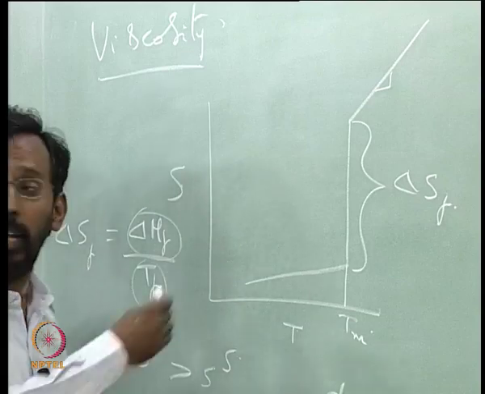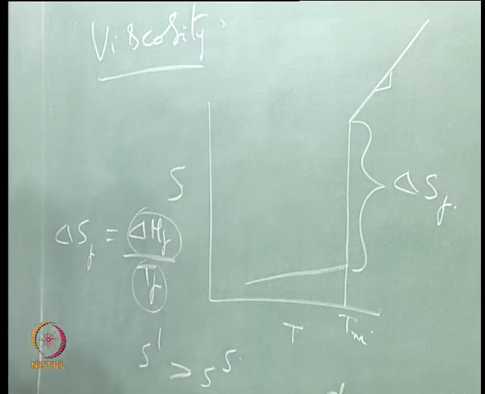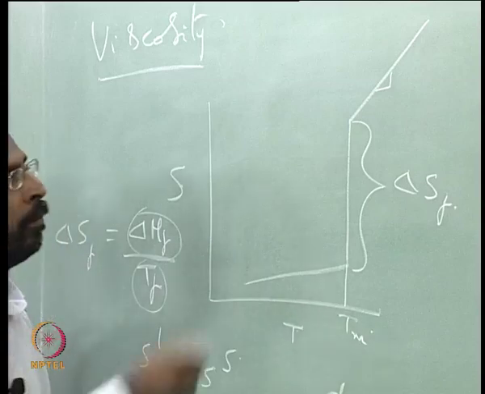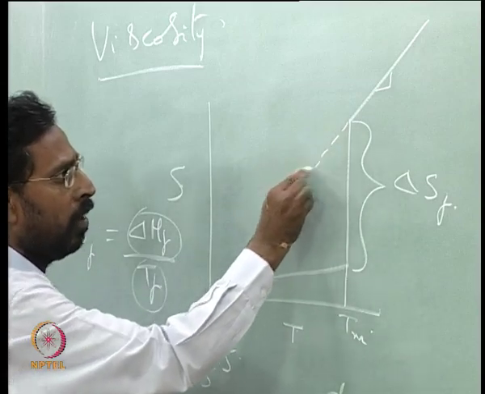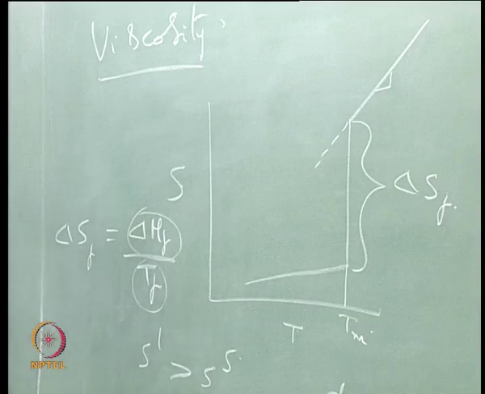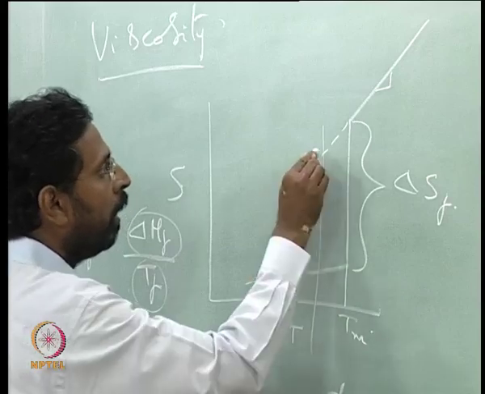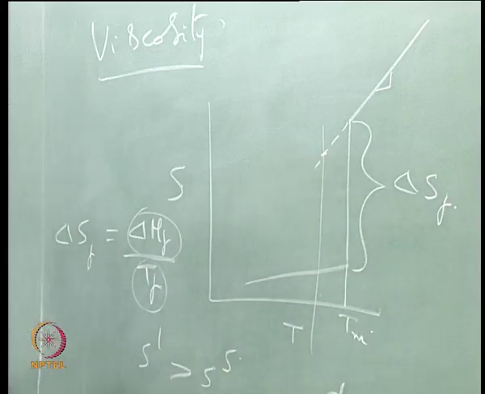If I want to know the entropy of the liquid at some temperature below the Tm, I simply extrapolate this and say that at a particular temperature here the entropy of liquid is this, if it remains as liquid, am I right?